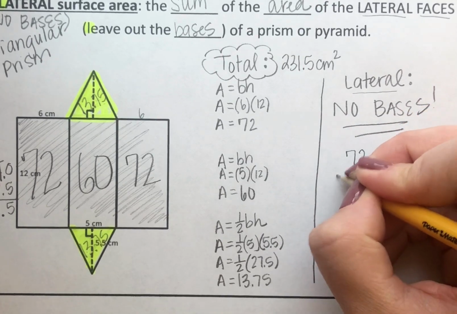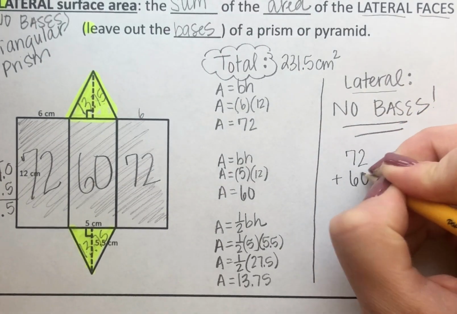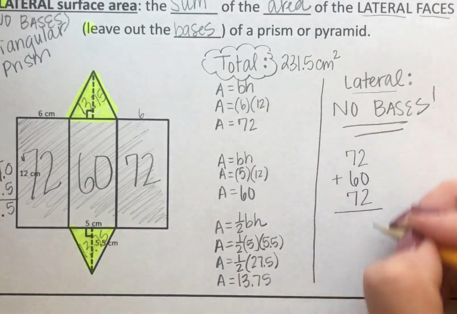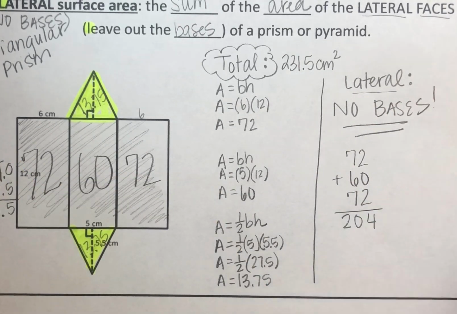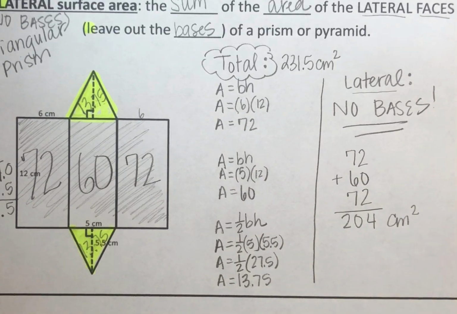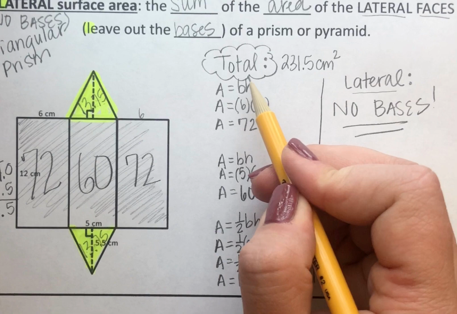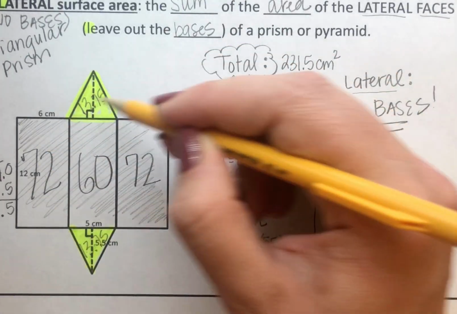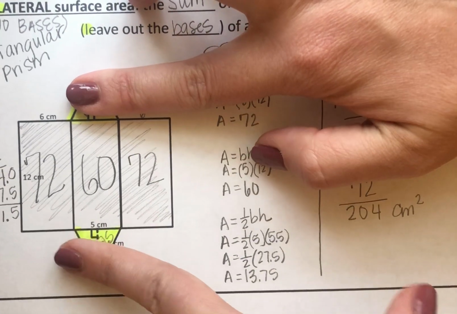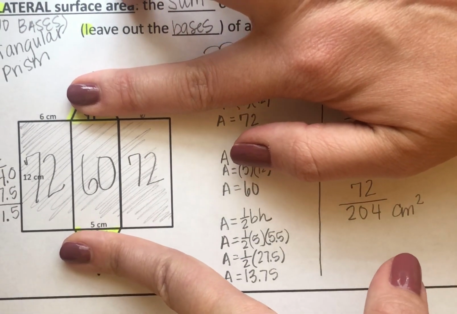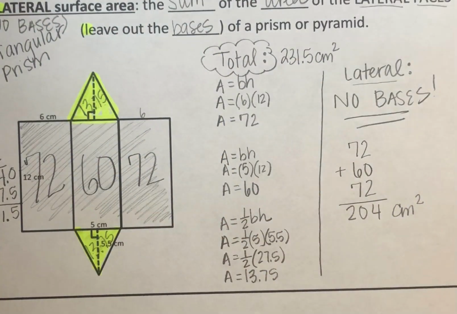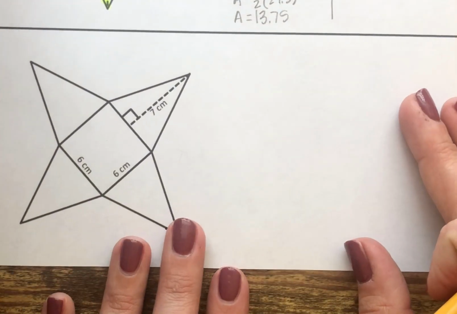So that's going to be the 72, the 60, and the 72. And we already did that over here. That would be 204 centimeters squared. So for me, total means all of it together. Lateral means to leave out the bases. So lateral would literally just be those 3 rectangles. Okay?